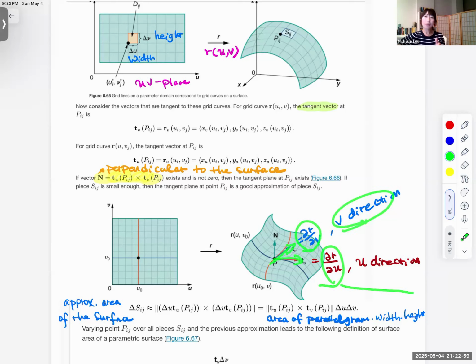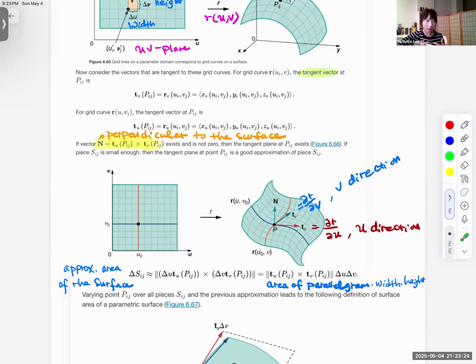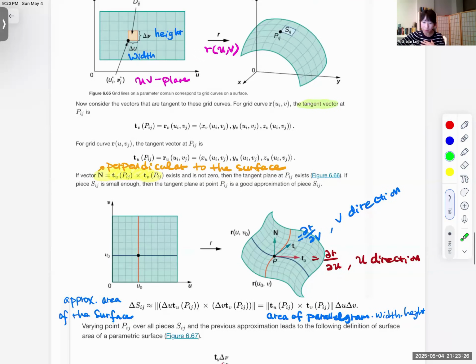So we have two tangent vectors there. If we take the cross product of two vectors, then we get the normal vector. Normal vector means perpendicular to the surface in that case. All right. Now, how do we approximate the area of a surface then? So from here, right? So this is the one.